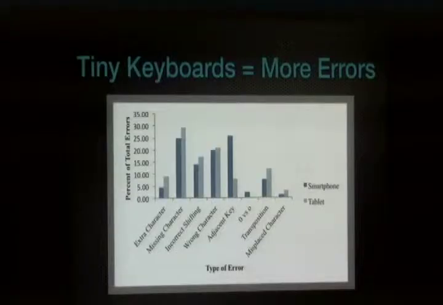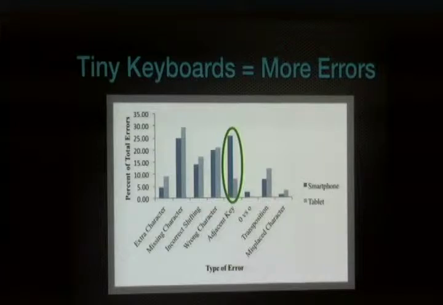So these are data from the previous study I was mentioning, and immediately it should jump out, even before I put up the green highlighting, that more errors relate to tiny keyboards. Why? Because the adjacent key error, that particular error type, was where the biggest difference between platforms was. So there are only about 500 errors in the desktop study total.